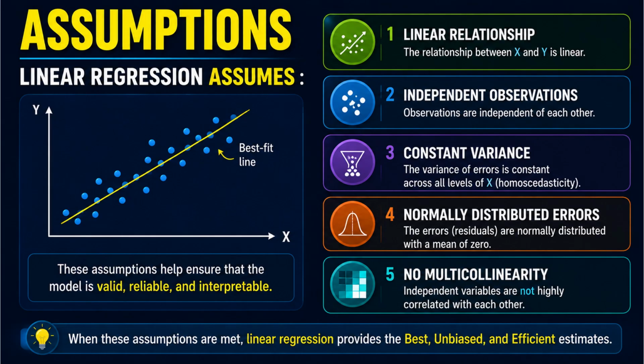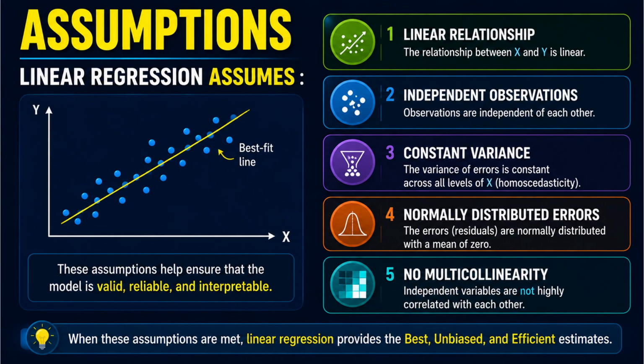Then there are some assumptions regarding linear regression. These assumptions have to hold for the model to be valid, reliable, and interpretable. So first of all, it's called linear regression. So the relation between x and y is linear, and independent observations, that is, the observations that you see are independent of each other.